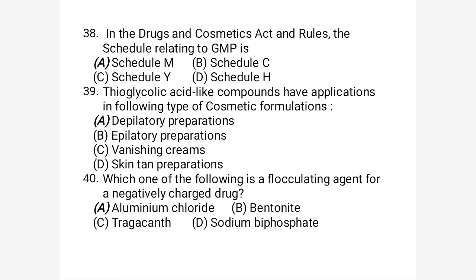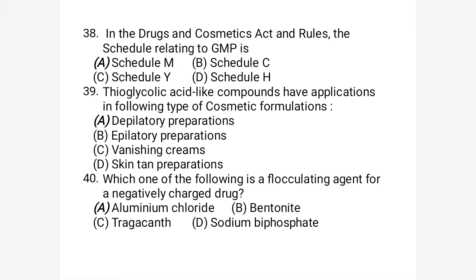Aluminum chloride, AlCl3: aluminum is a metal having a positive 3 charge, Al3+. Bentonite, there is no charge. Tragacanth, no charge. And sodium bisulfide, sodium has a plus 1. So two may be used as flocculating agents for a negative charge.